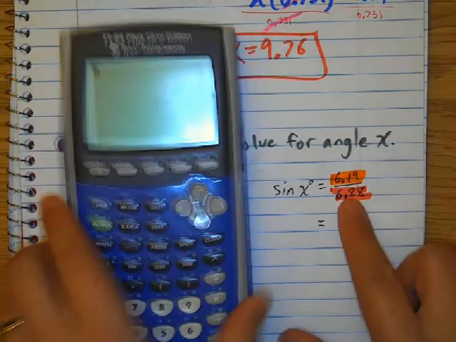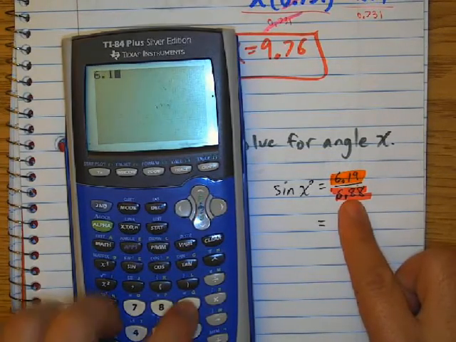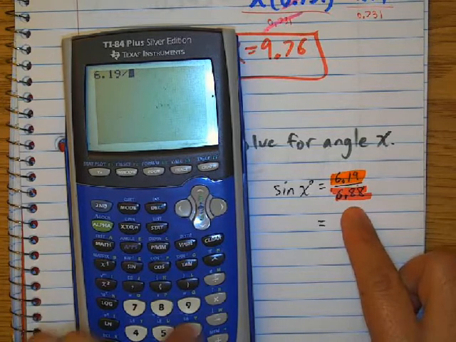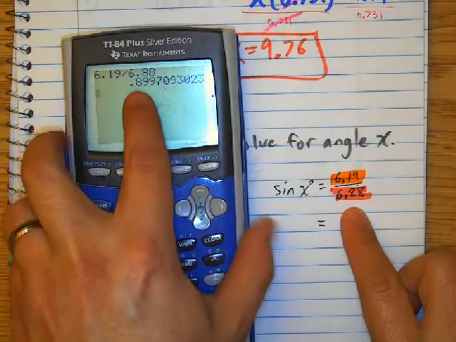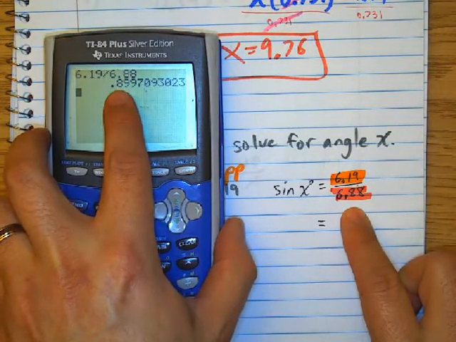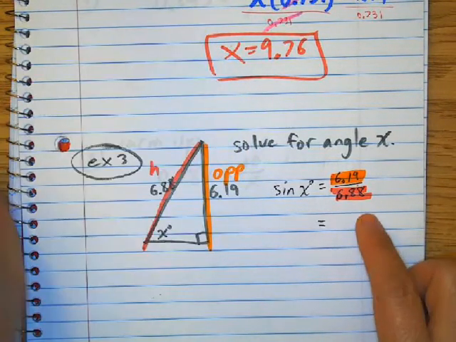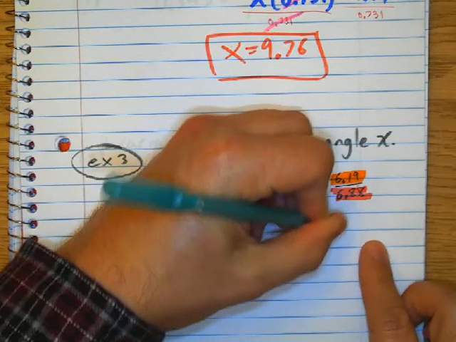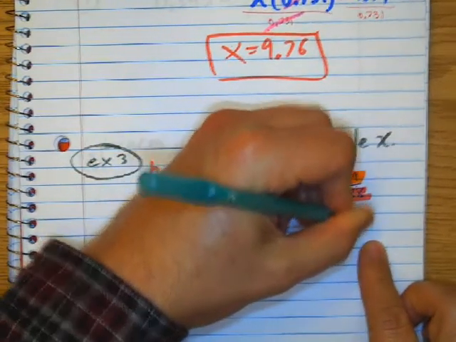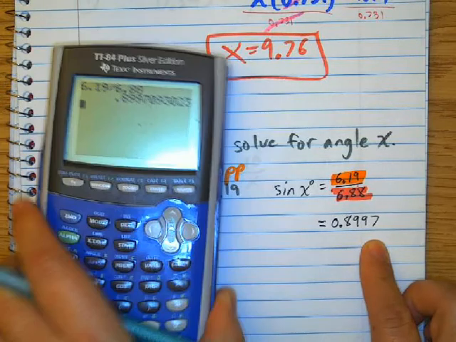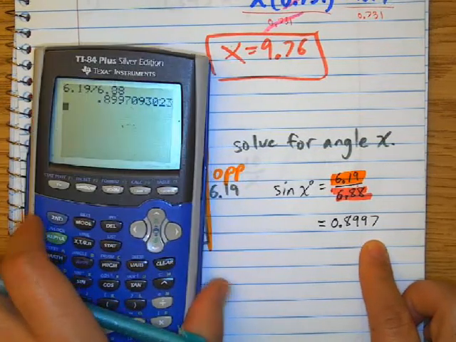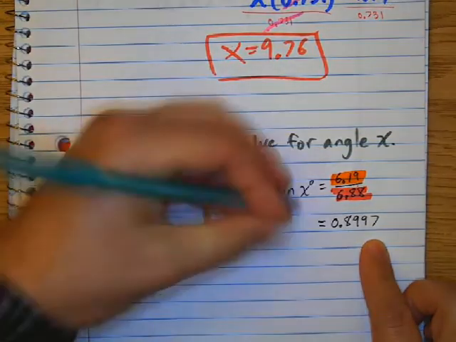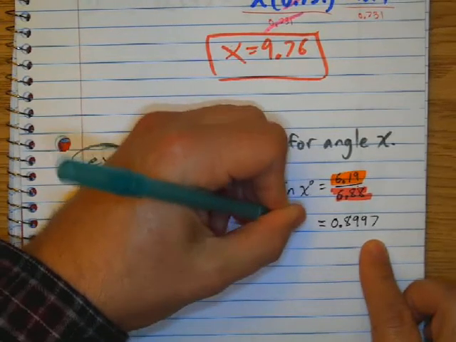6.19 divided by 6.88, and I get 0.8997. Okay. So sine x equals 0.8997.